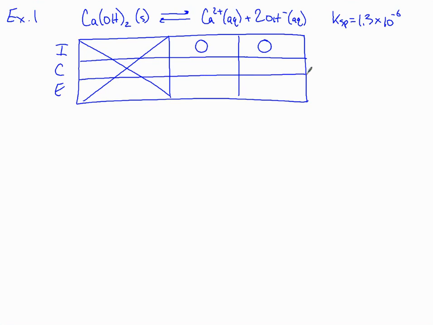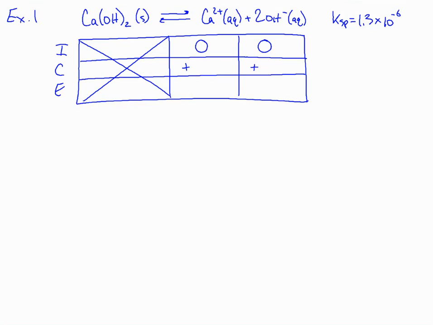So then the change. We are adding our solid to pure water, so we know we're going to get some products. So the change is going to be positive because we're going from 0 to something greater than 0 in terms of products. And it goes up by a certain amount.